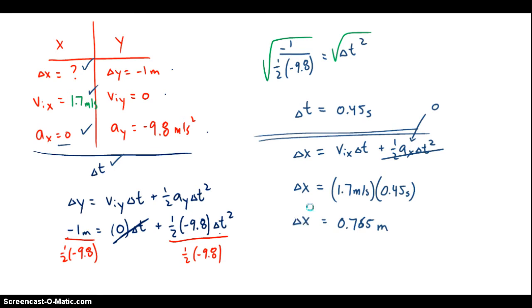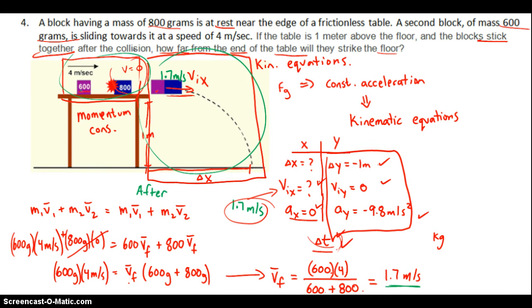So great. Let's just review what we did. We knew the initial speed of this first block. The second block was at rest. So we could use the momentum conservation to figure out what speed both of those blocks are moving as they leave the table.